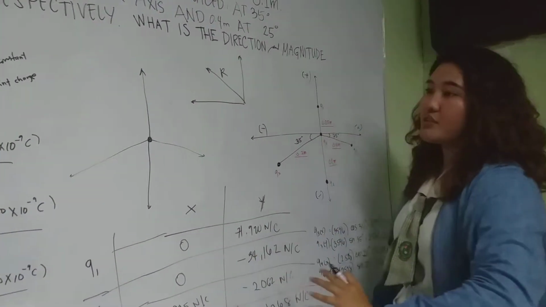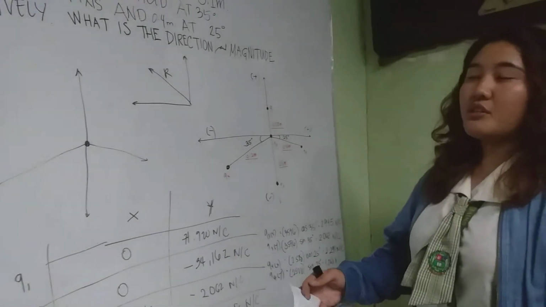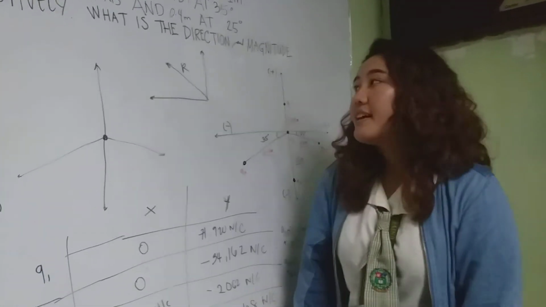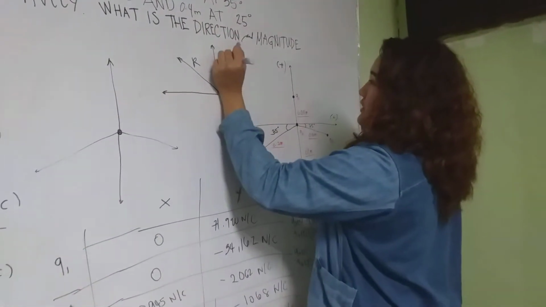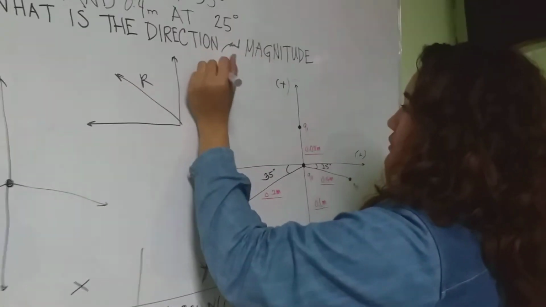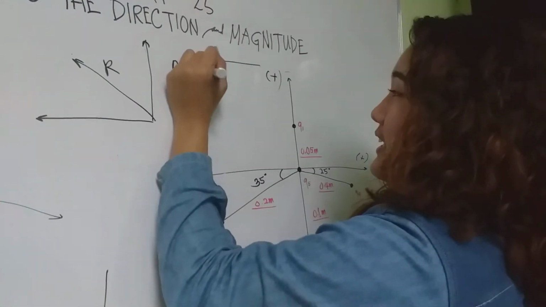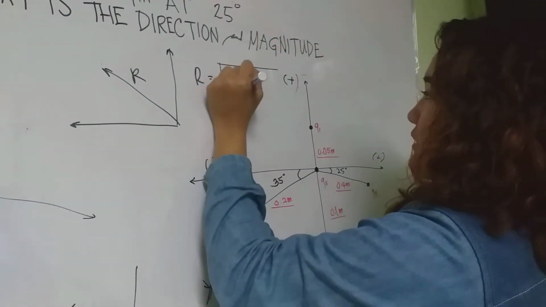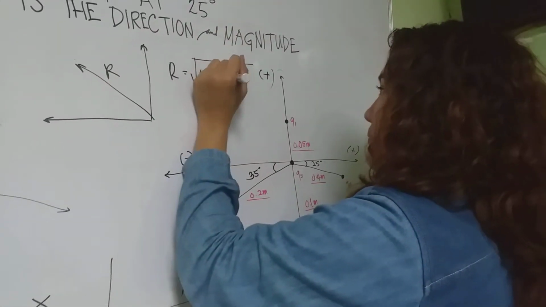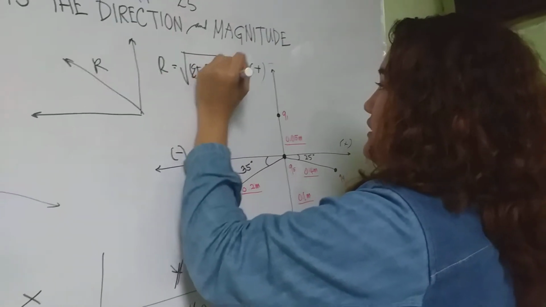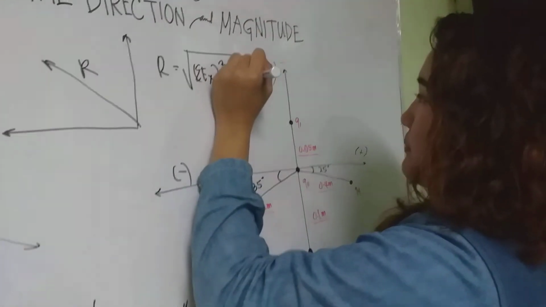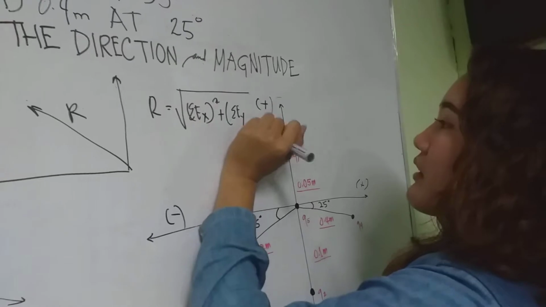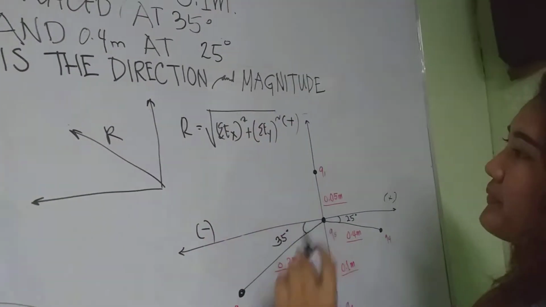Now we have to get the resultant to get the magnitude of the total electric field. Okay, so the formula for the resultant is square root of the sum of the x component squared plus the sum of the y component squared.